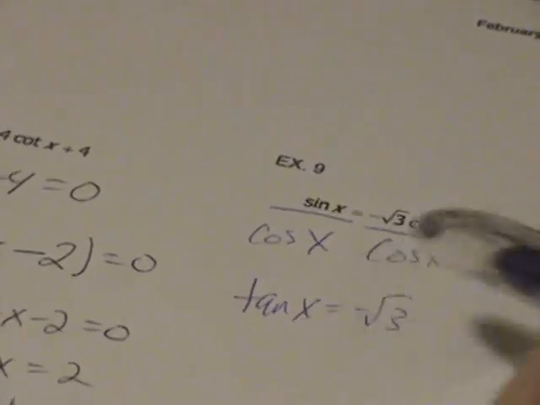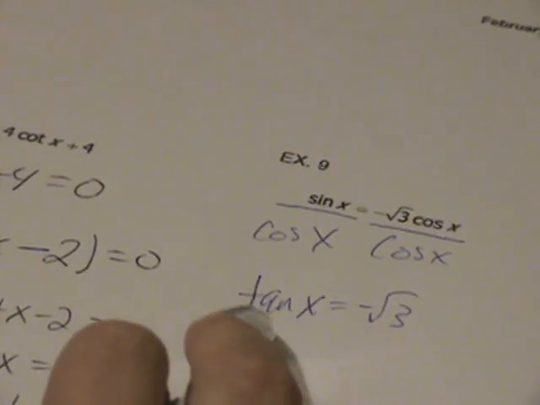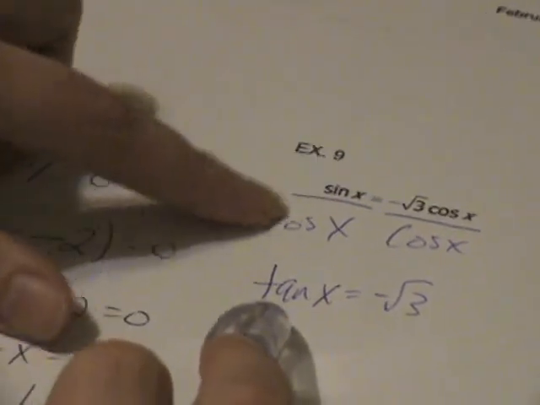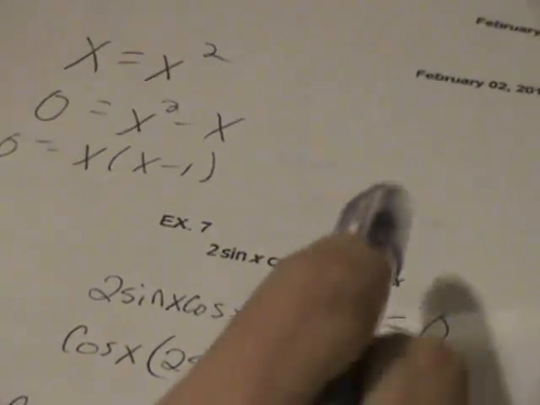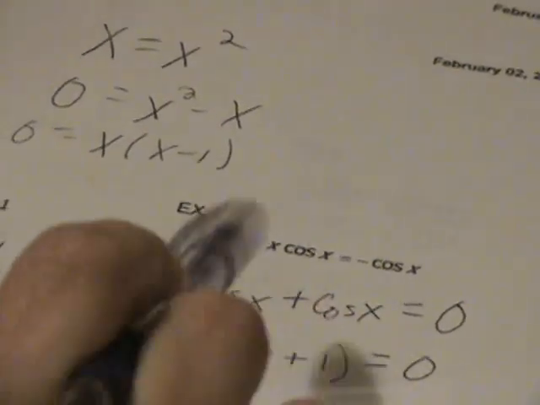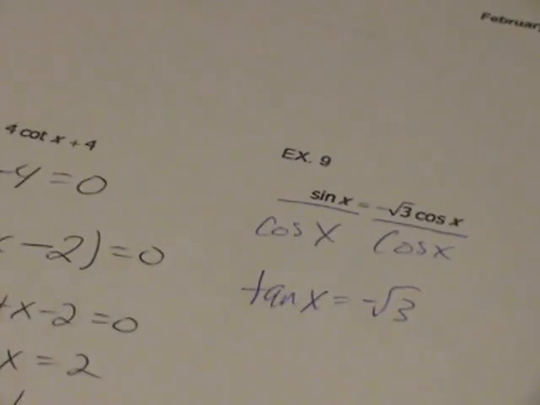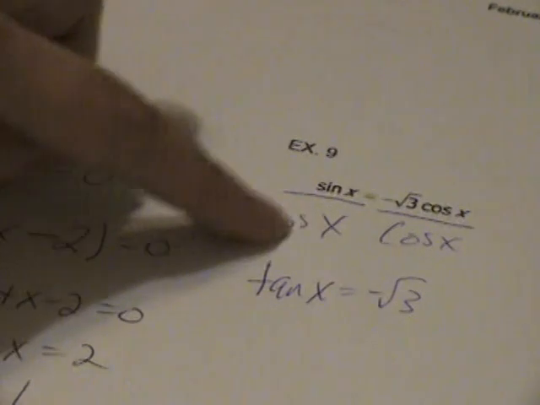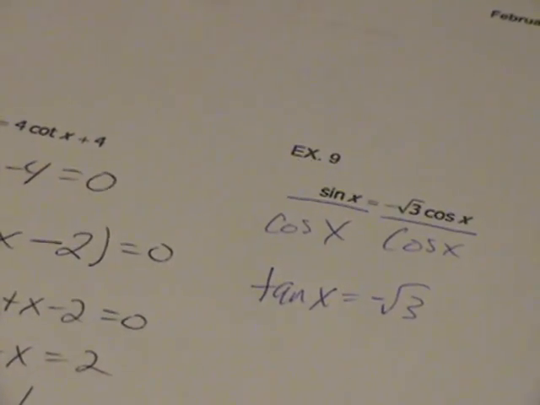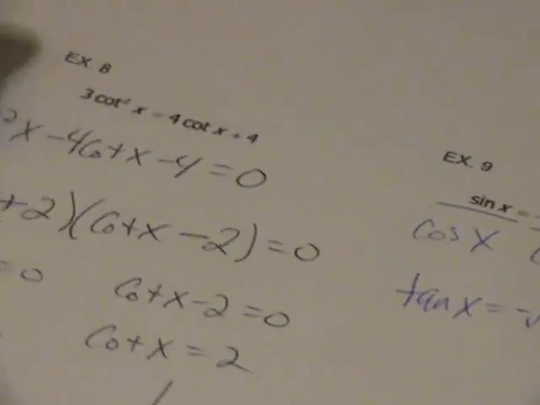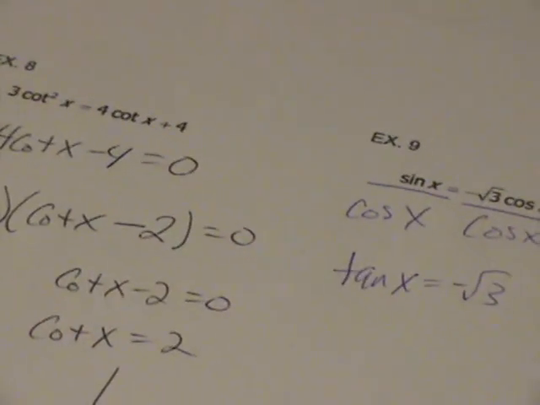The cosine didn't go away. The cosine is just rewritten now, combined with the sine to make a tangent. So it's legal here, not legal here. If it cancels on both sides, that's a bad thing. You're losing a root. I did not lose my cosine. It just changed. Okay? Everybody see the difference? Hopefully you see the difference. Why it's okay here, but it wasn't okay over there.